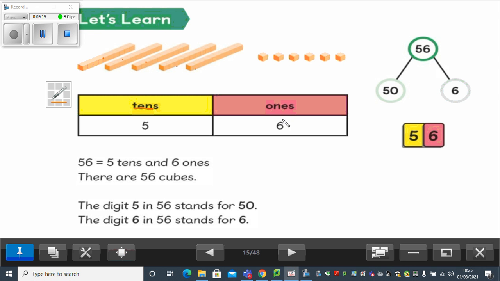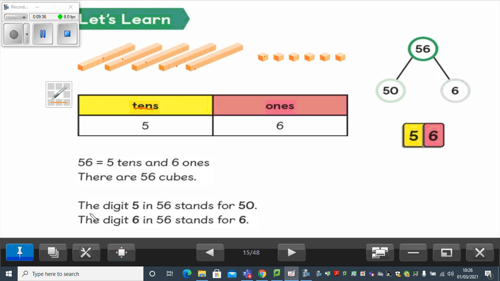And the digit 6 represents the 1, 2, 3, 4, 5, 6 ones. So 56 equals 5 tens and 6 ones. So there are 56 cubes.